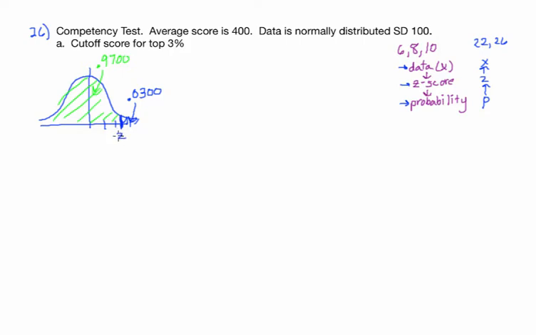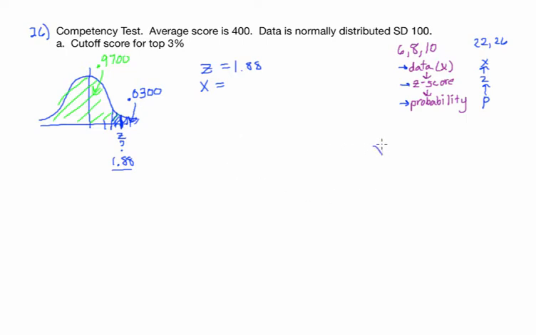We are looking for the z-score that gives us that. And my table tells me about 1.88. My pick's a little off again. 1.88, about there. That'll give us the top 3%, a z-score of 1.88. So now that we know that our z-score is 1.88, we have to use the right formula to turn our z-score into a data value.